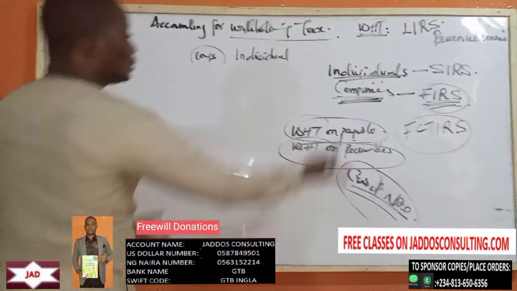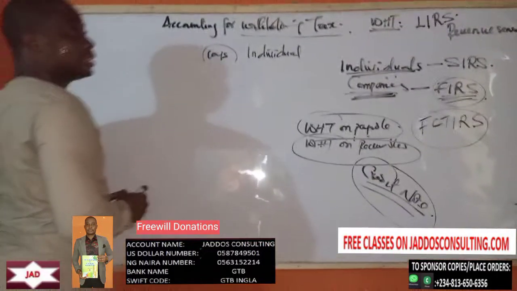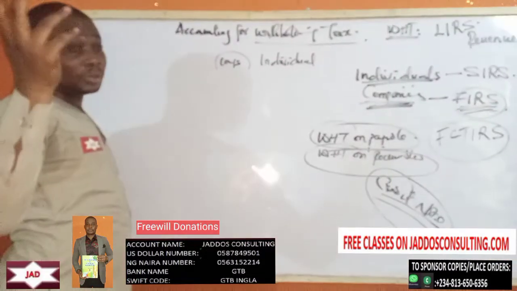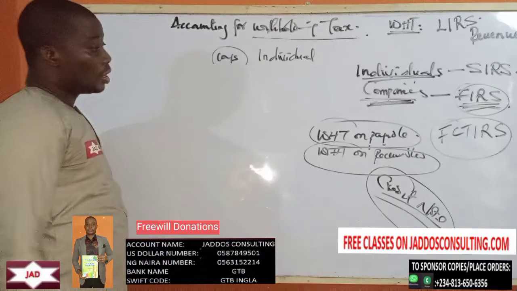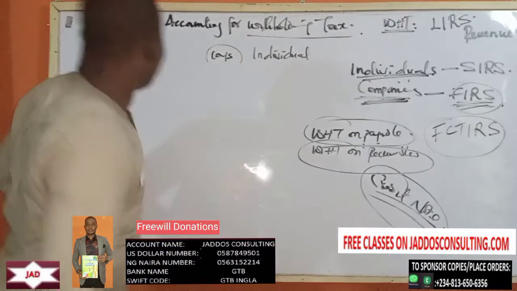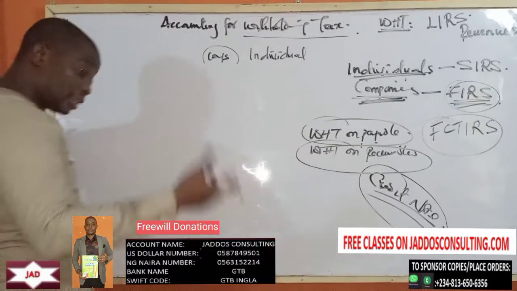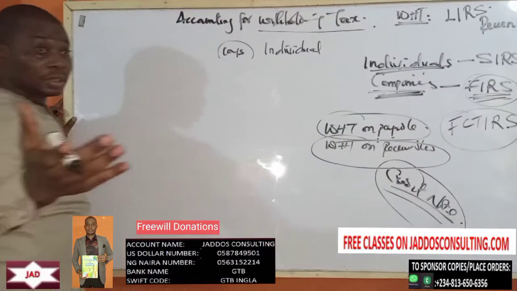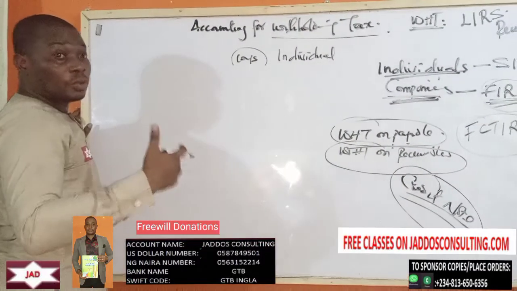So let's say your debtors, for instance. Debtors are your receivables there. So they are expected to pay you for a job done.